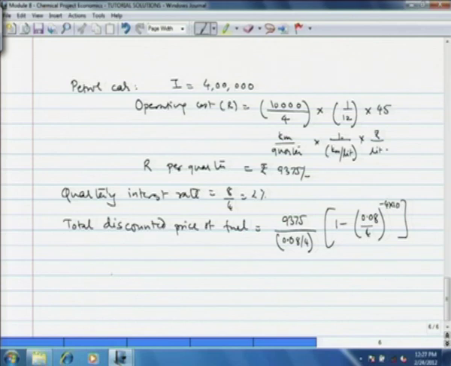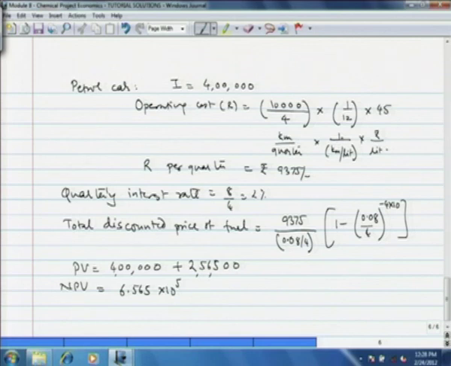And the net present value is then I, which is 4 lakh, plus this total discounted price, which turns out to be 2,56,500. And then the total net present value NPV is 6.565 into 10 to power 5. This is for the petrol car.